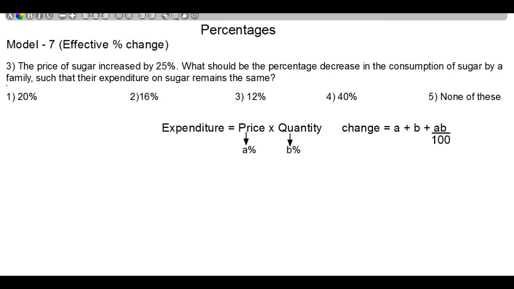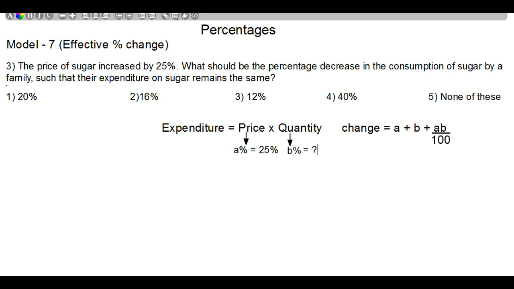Now if you observe the question here, price of sugar has increased by 25%. So very clearly A here is nothing but 25%. And we are supposed to find out what should be the percentage decrease in the consumption of sugar. The consumption here is nothing but the quantity. So what should be the decrease in quantity? That means B should be calculated.